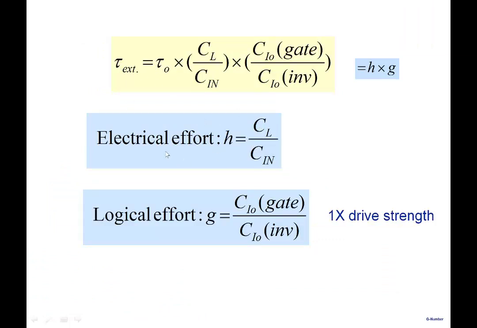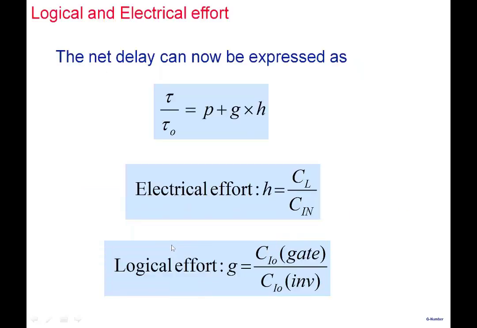H is CL by Cin, the electrical effort, and logical effort is Ci0 gate by Ci0 inverter at 1x drive strength. There are a lot of terminologies, and it will take some time to become familiar. So this is the model: the normalized delay of a gate is an intrinsic delay, P, plus G, the logical effort, Ci0 by Ci inverter, times the electrical effort, CL by C.